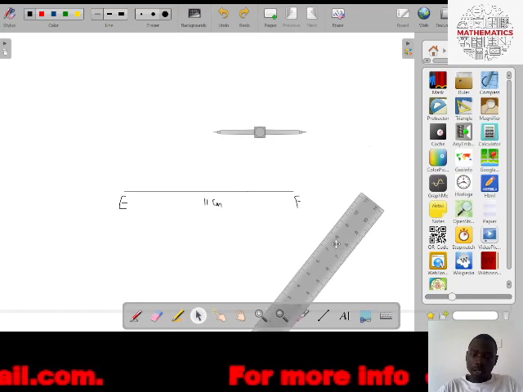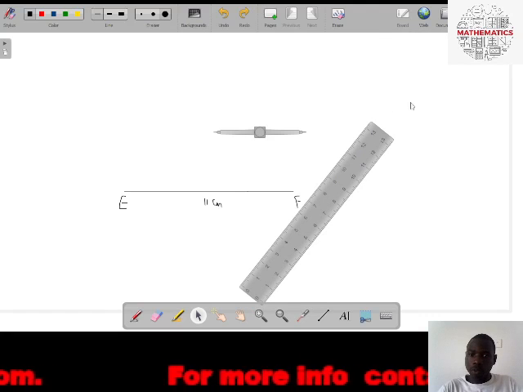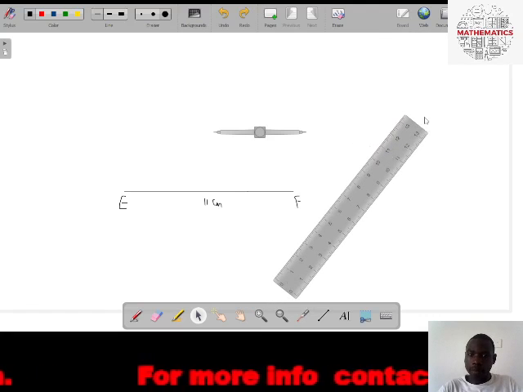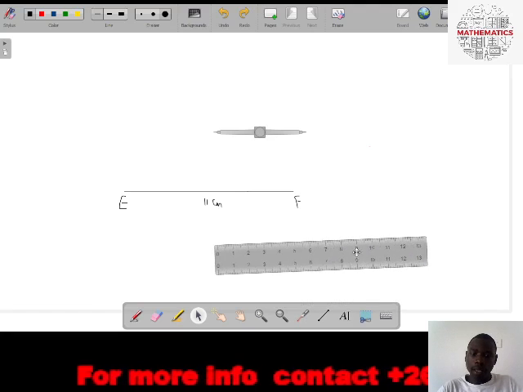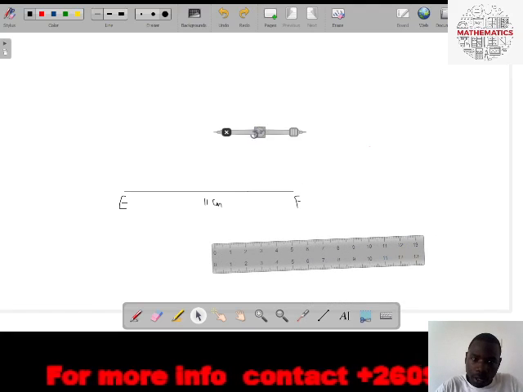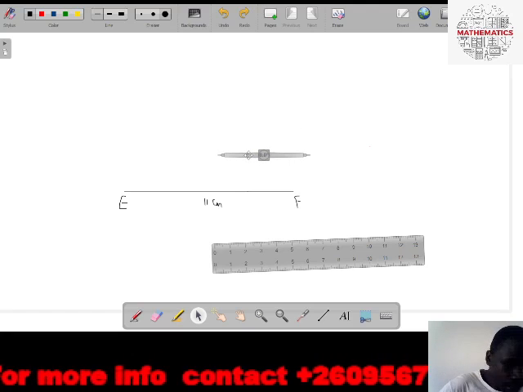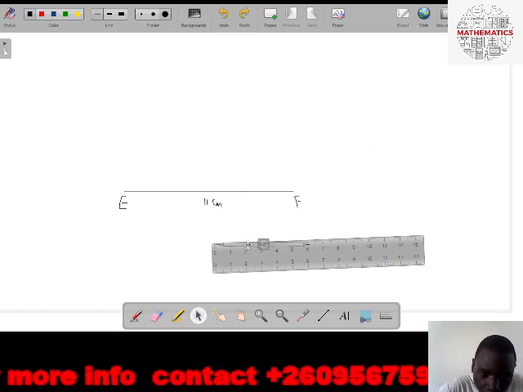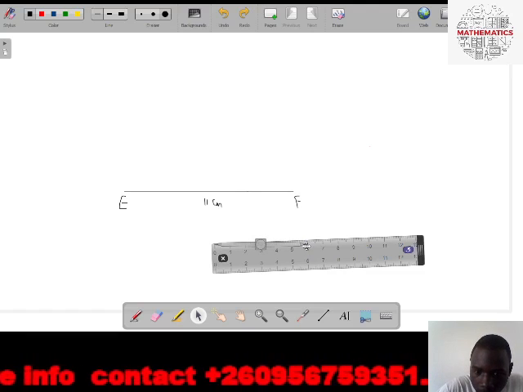From this compass here, I'll use my ruler to measure. They're saying EG is 6.5, so I'll measure 6.5 here. So 6.5 is there.